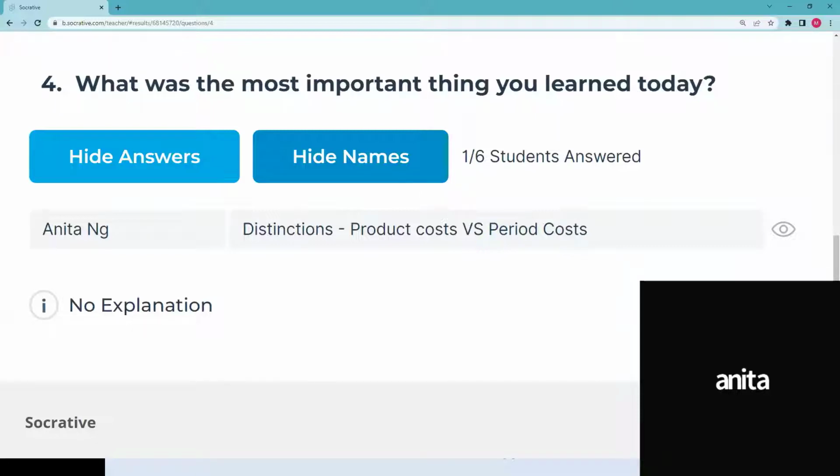Because costs are very important in a business, but there's many types of costs, and that's why we have to understand what sort of costs when we determine a business to keep going.